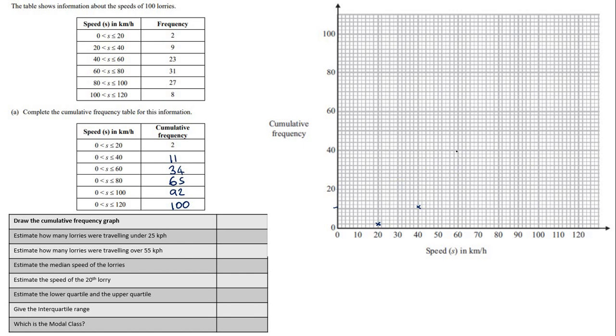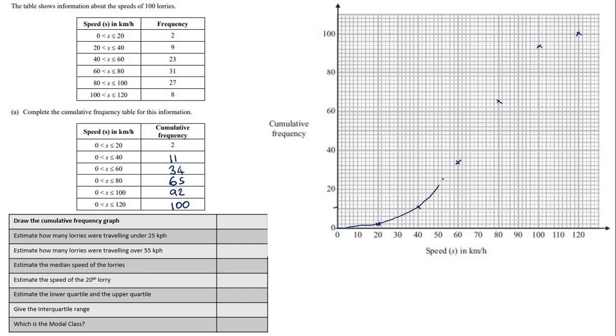So I'm going to have to try and guess, really. I'll go there. From 0 to 80 would be 65. Up to 100 would be 92. Maybe there. And up to 120 would be 100. All right, there's my plots.